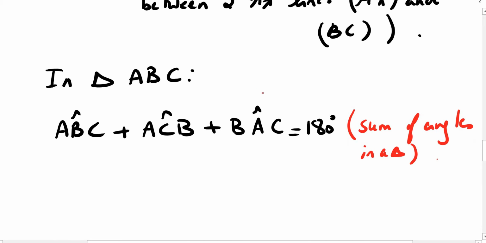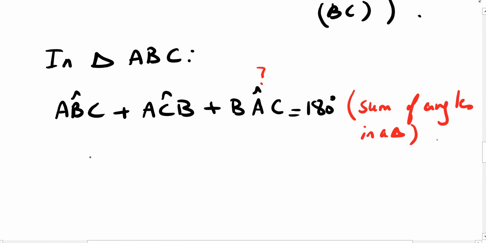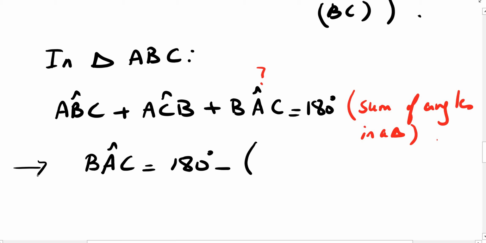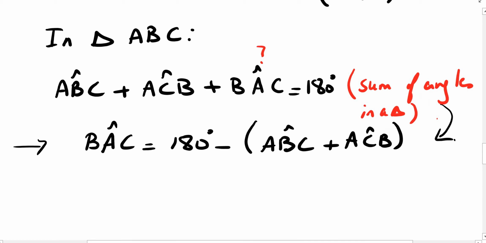Now this is the missing angle, which is BAC, so I can say that BAC equals 180 minus. Now some students might start with this part. It's fine, you can just skip the first step: 180 minus ABC plus ACB. That's also acceptable, but here you need to put the reason: sum of angles in a triangle, if you start with step 2.